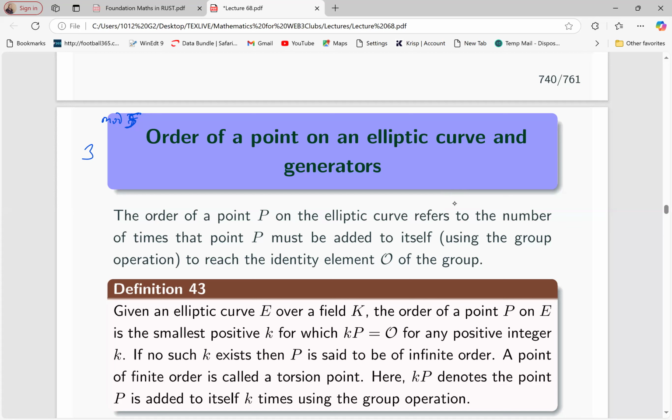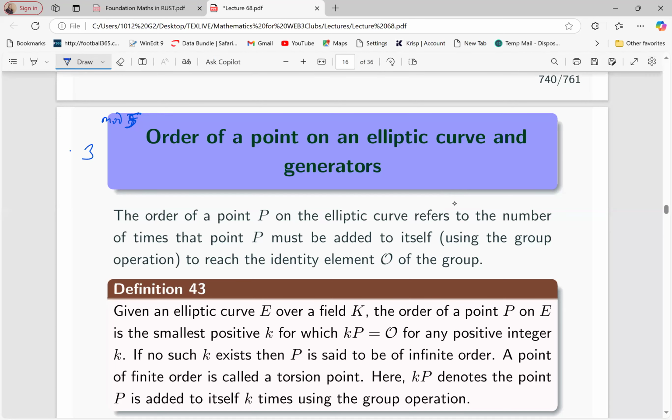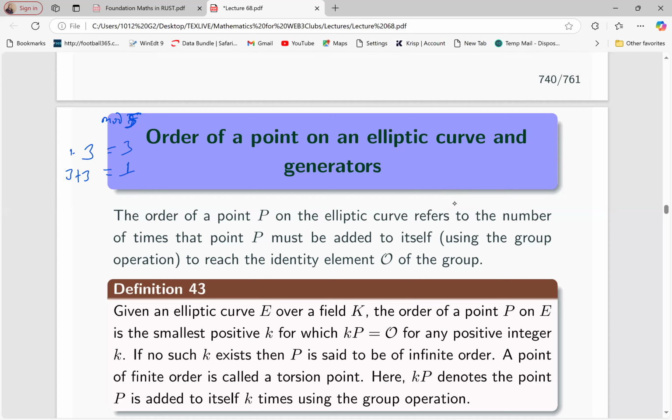By adding, for instance, when you add 3 once, you get 3. If you add it twice, it gives you 1. That's not giving us the identity, so we add until we get the identity.